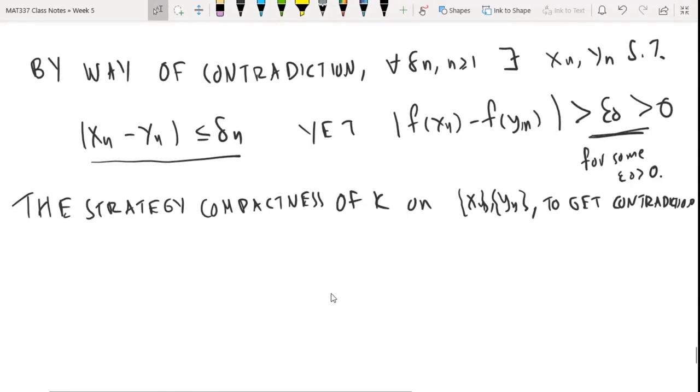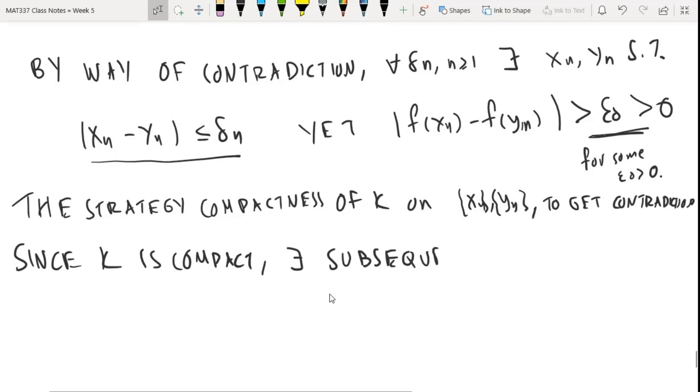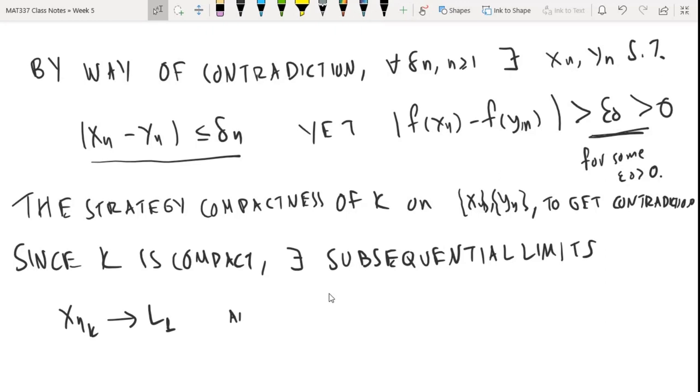So, since K is compact, there exist subsequential limits: x_{n_k} goes to L1 and y_{n_k}, what do I call it, goes to L2.